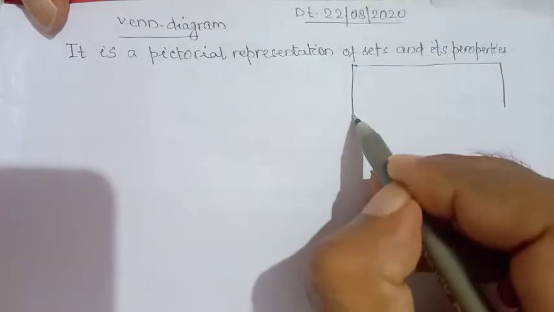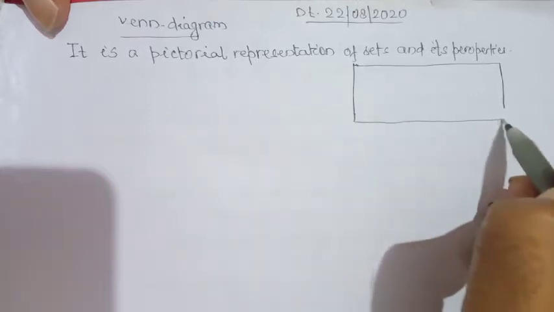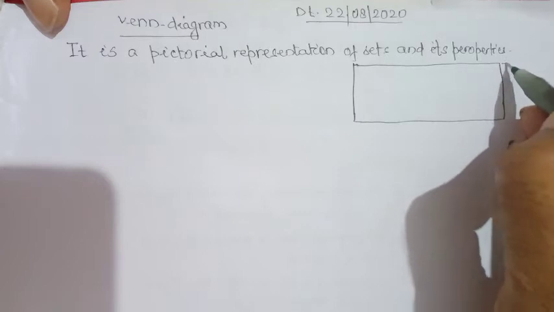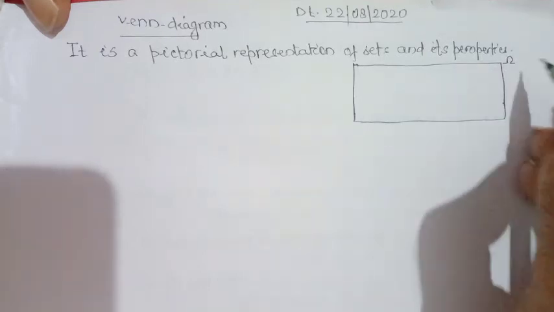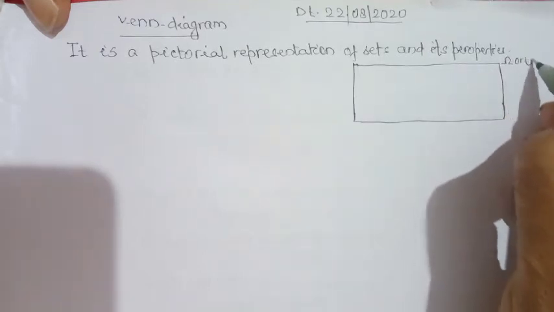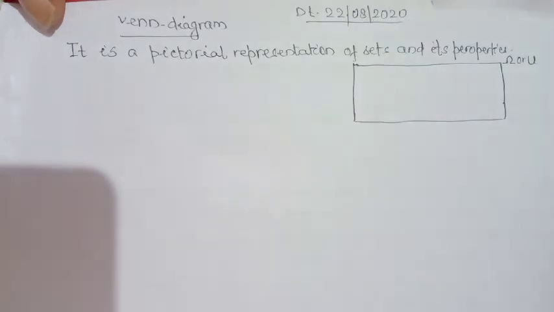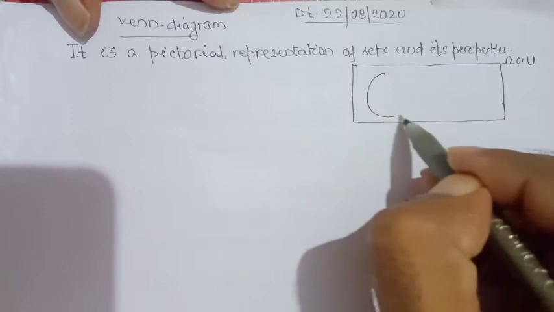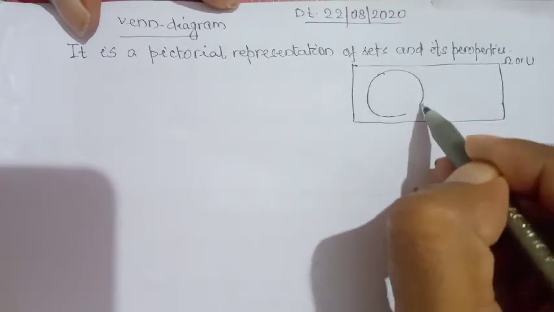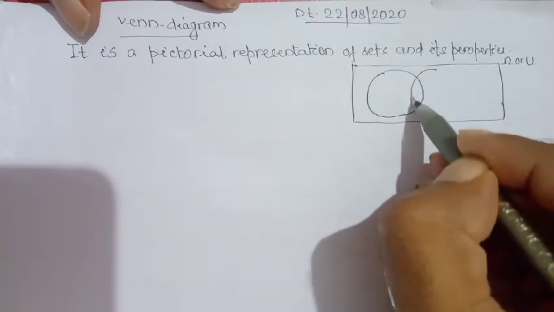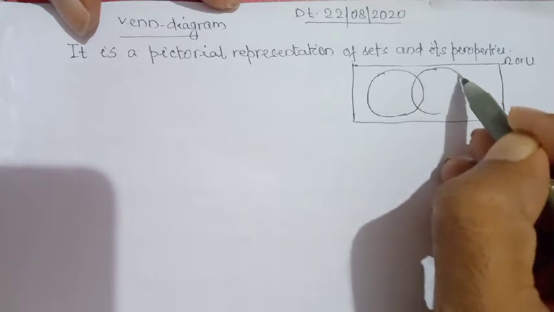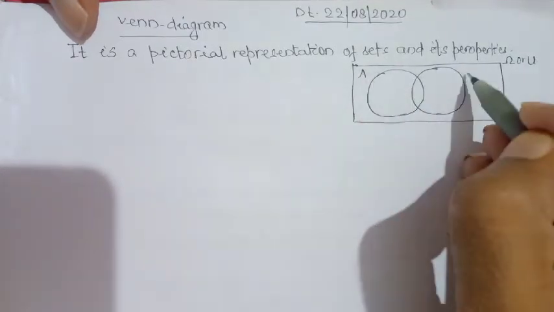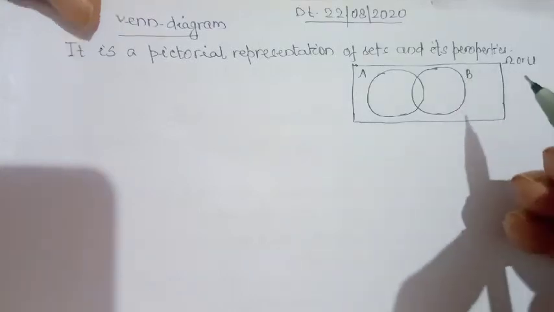Universal set is drawn like a rectangular shape, represented by omega or U for universal set. See, consider A and B are two sets.